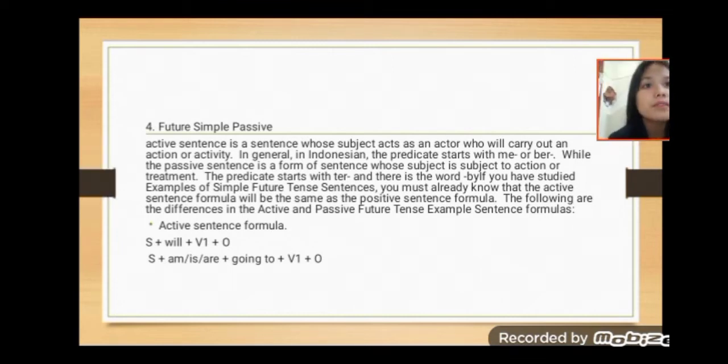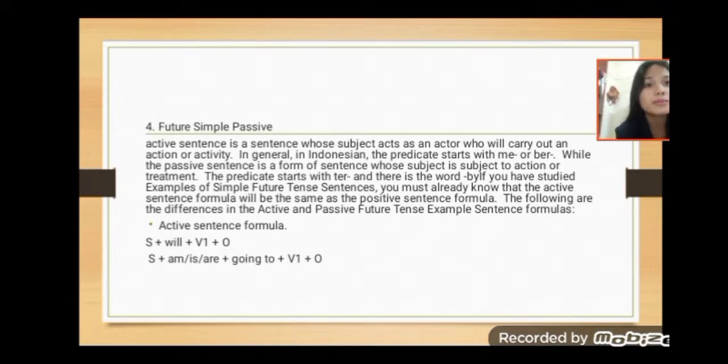The fourth, future simple passive. An active sentence is a sentence whose subject acts as an actor who will carry out an action or activity. In general, in Indonesian, the predicate starts with me or ber, while a passive sentence is a form of sentence whose subject is subject to action or treatment.